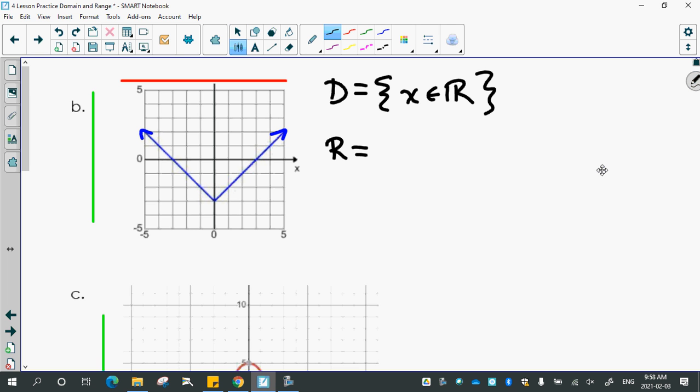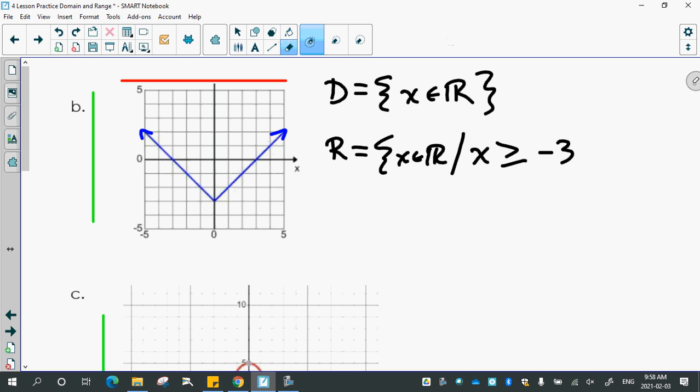So my range is all real numbers as long as I can't be below -3. So all my x values have to be greater than or equal to -3. Oh, they're y values, my bad. First one and I screwed up. So obviously for range, we're talking about y values, so we use y instead of x. So my y values have to be greater than or equal to -3.